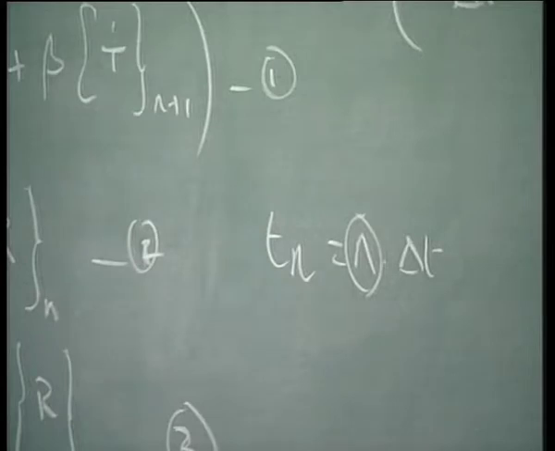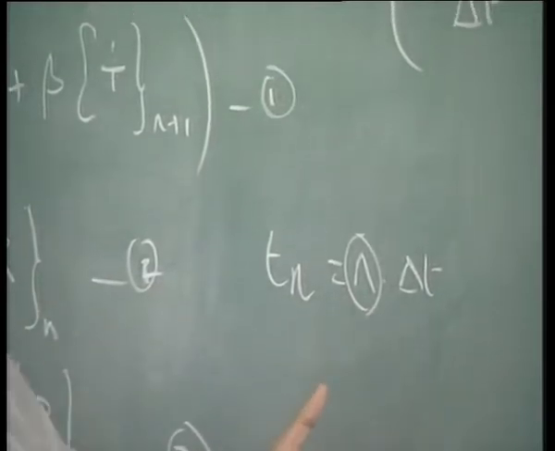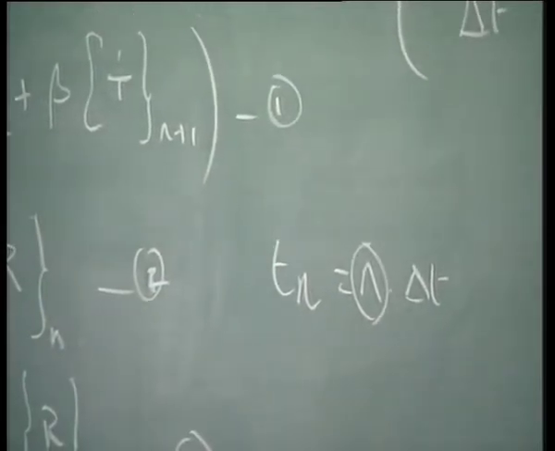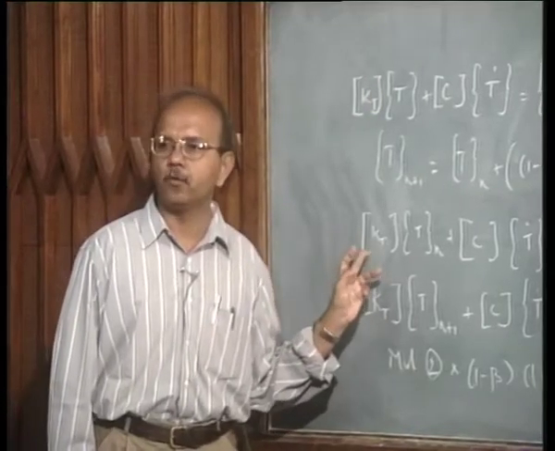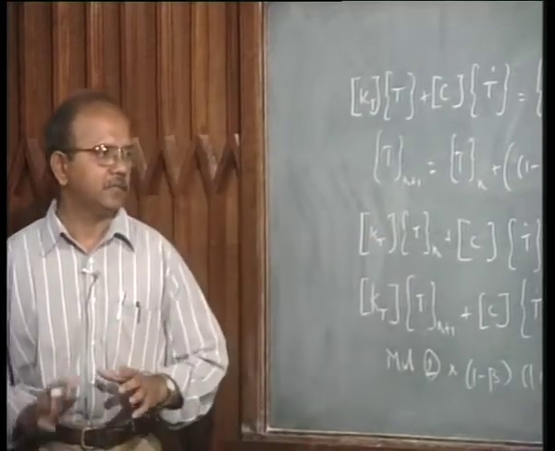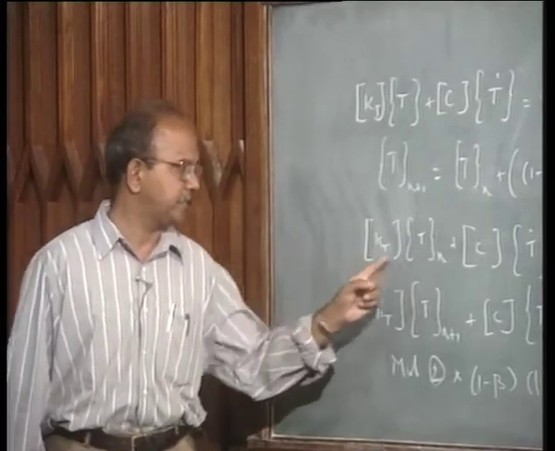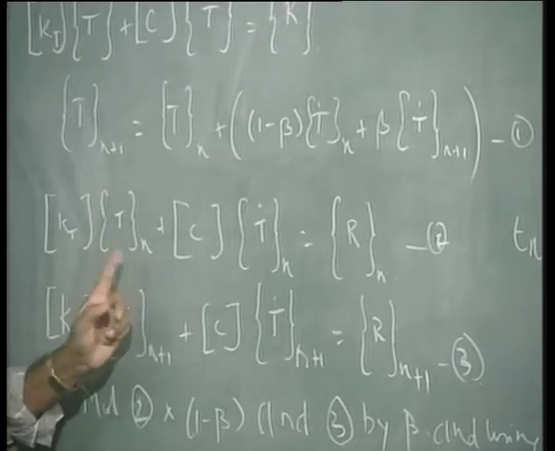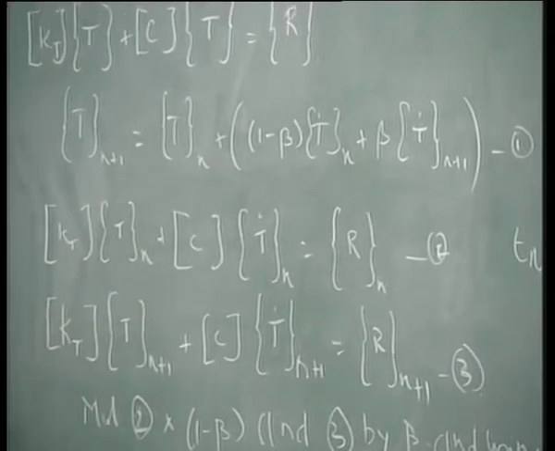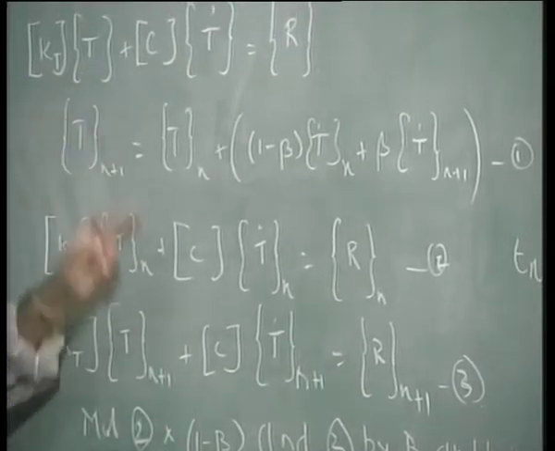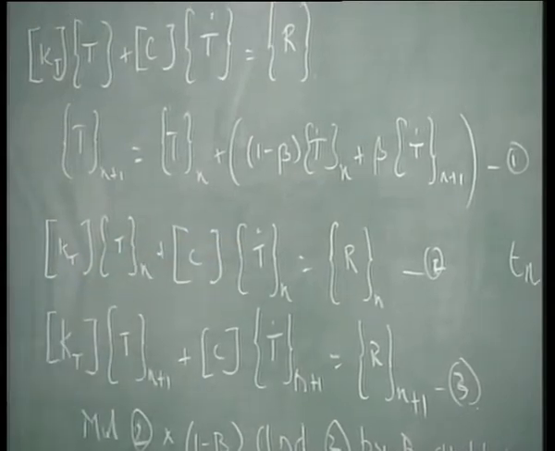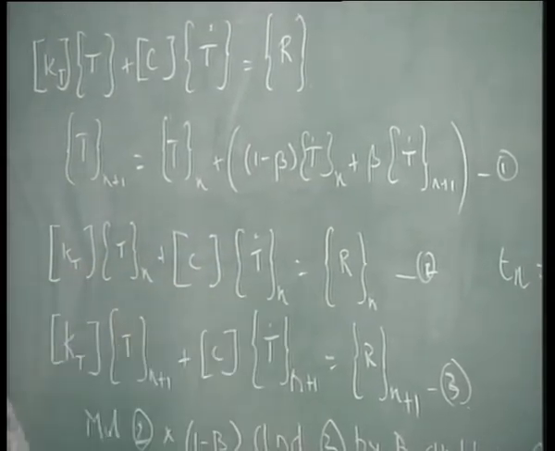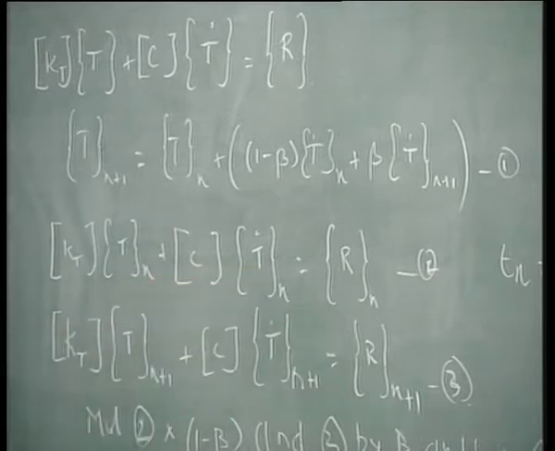So, whenever we use the subscript t n, it means that we are at the step n delta t, right. So, what are we trying to do? First, before we actually derive the ultimate equation, note this: we are writing down the first equation for the step n. In other words, we are putting the subscript n for T as well as for T dot n as well as the right hand side.